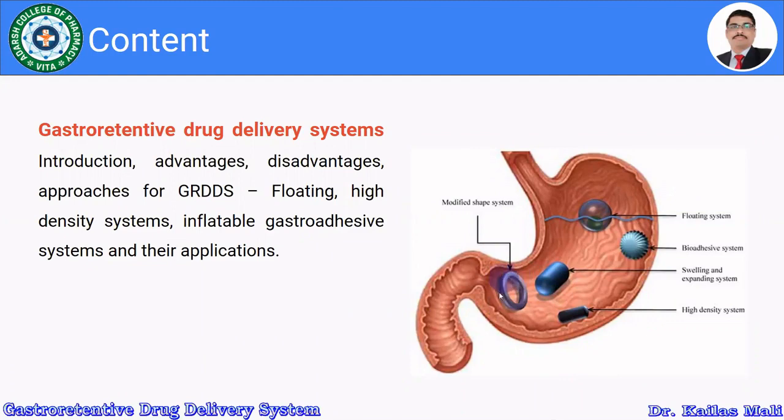The shape of the formulation is modified so as to retain the formulation in the stomach. So in the case of gastroretentive drug delivery system, we are going to discuss the introduction, advantages, disadvantages, approaches like floating, high density systems, inflatable gastroretentive systems and their applications.